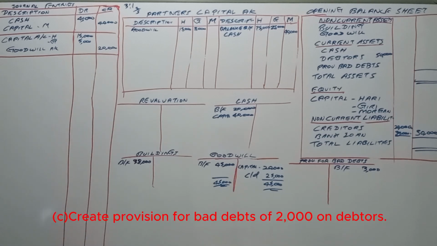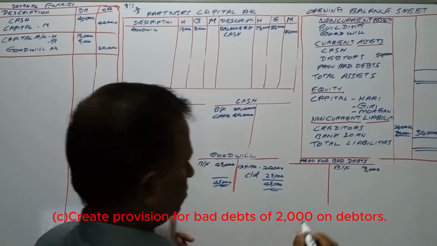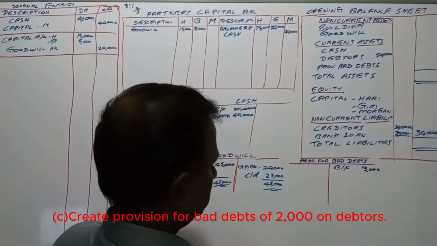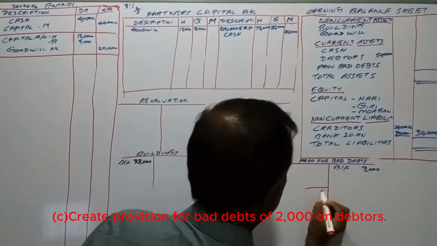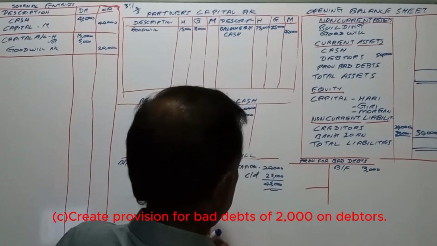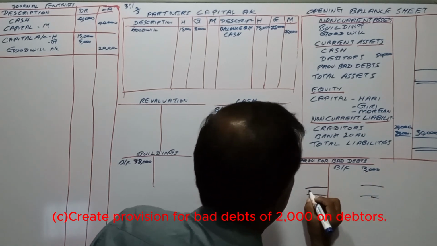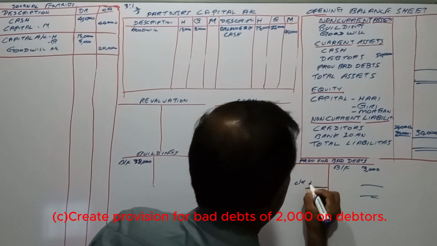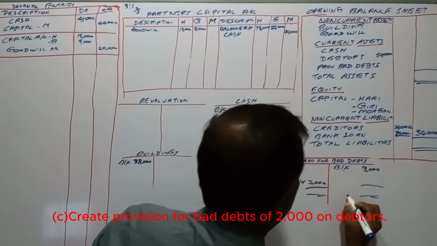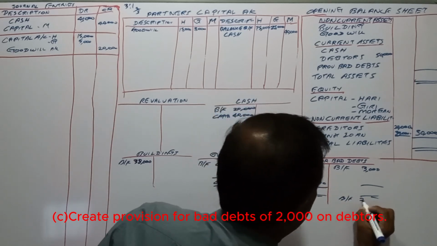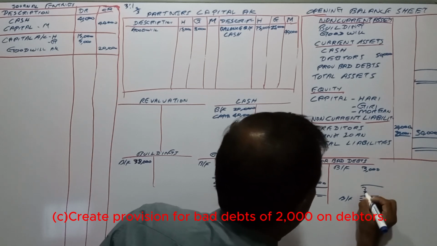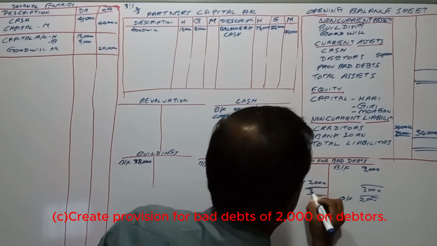So that is finished. Create a provision for bad debts of 2,000 on debtors. Here the carried down value should be 2,000, but the balance is 3,000.